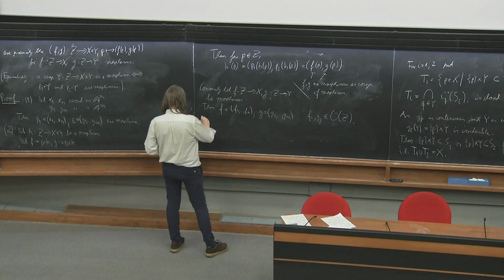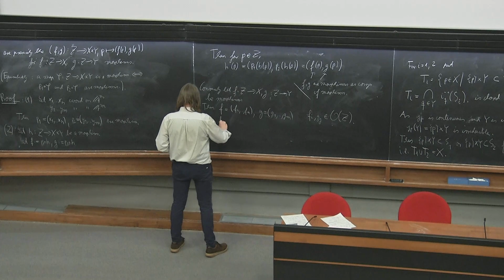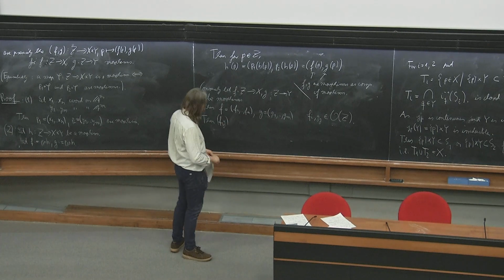So then, obviously, this map (F, G) is just given by all of these.